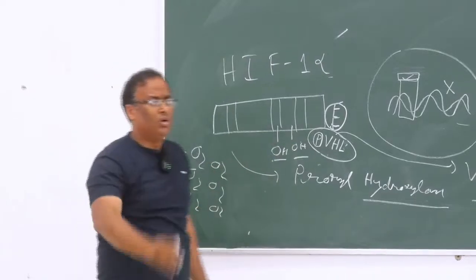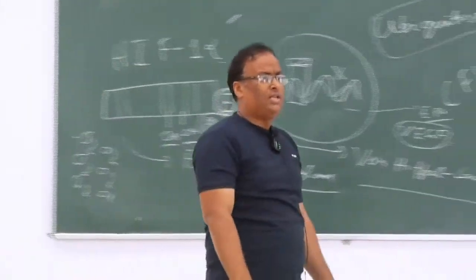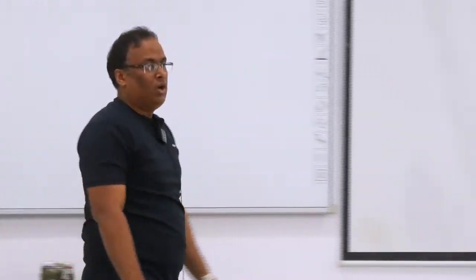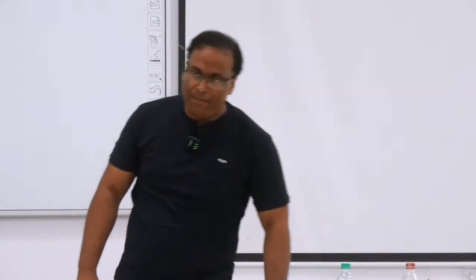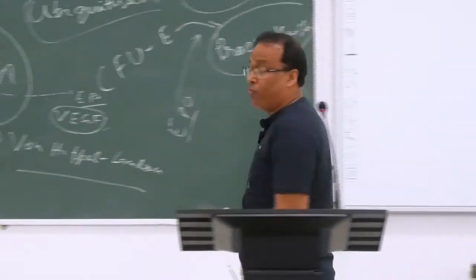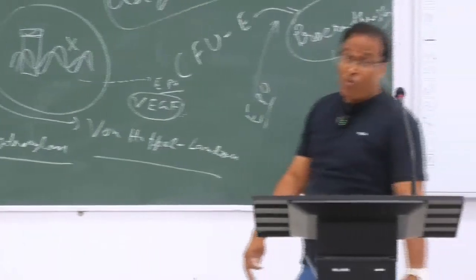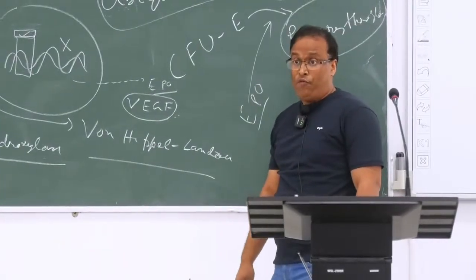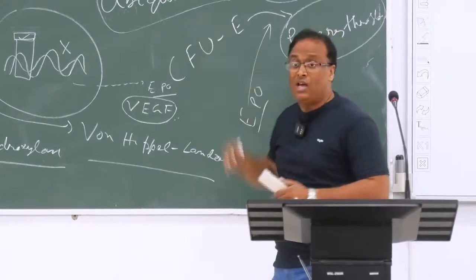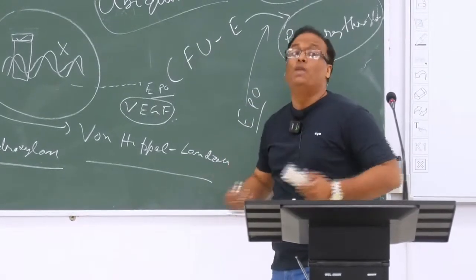So what has happened so far? First, prolyl hydroxylase does hydroxylation at the proline residue, right, of HIF1 alpha. Then it connected with the VHL, that is von Hippel-Lindau protein. Then for the proteasomal destruction, ubiquitination is important.